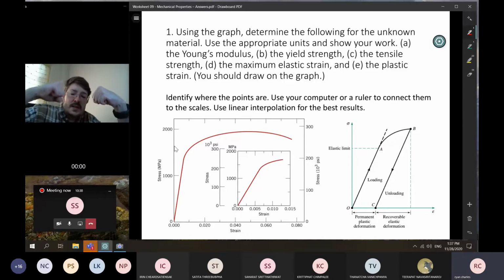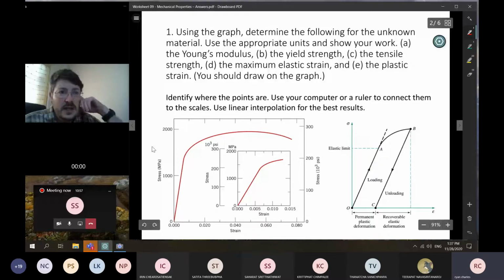When you're pulling on something, you're pulling on it elastically, and then it yields, and you keep pulling on it, and you're getting plastic deformation. Well, you're still getting elastic deformation on top of that. We tend to forget about that. So if you calculate elastic strain at the yield, it might be slightly smaller than if you calculated it from the total strain and subtracting plastic.